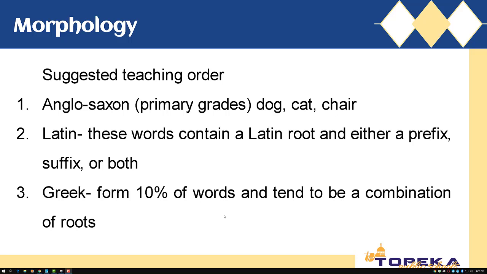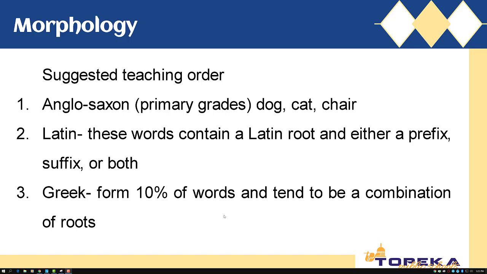And these form 10% of the words that we encounter, and they also tend to be a combination of root words. For example, in the word autograph, autograph is formed from the two root words auto, meaning self, and graph, meaning to write. The word geology is formed from the roots geo and ology, combined to make the word geology.